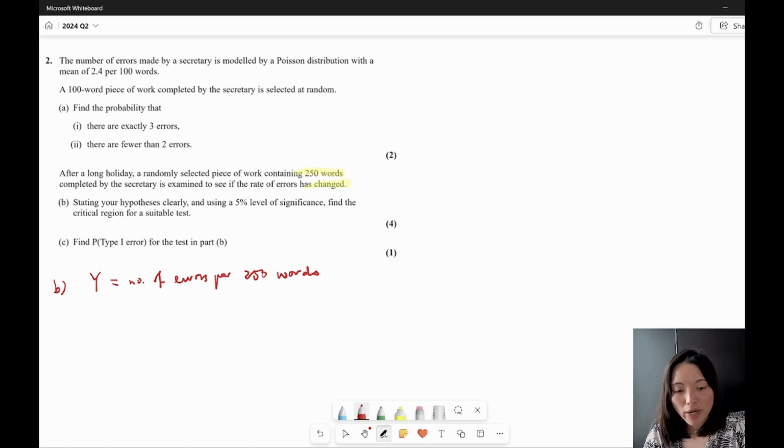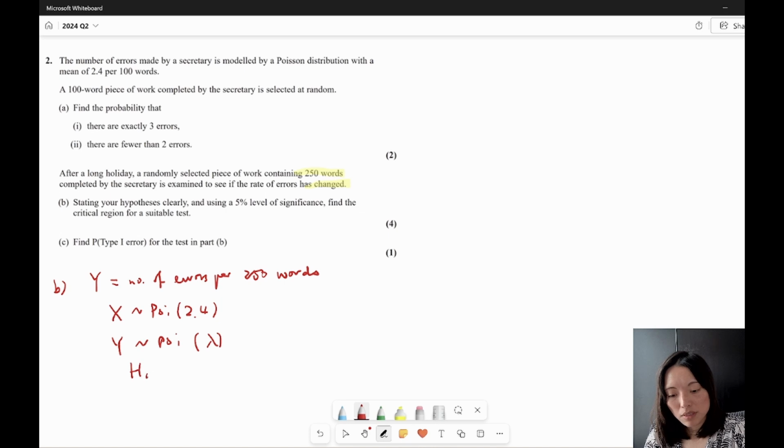In a Poisson distribution, we're able to simply scale up the parameter, or the mean. So if X follows a Poisson distribution with mean 2.4 for 100 words, Y would follow a Poisson distribution with mean, let's call it lambda.